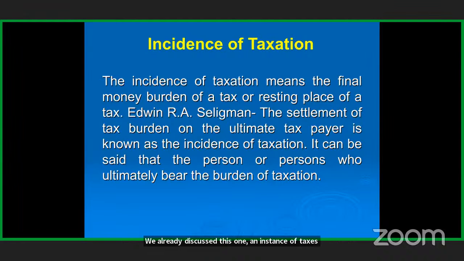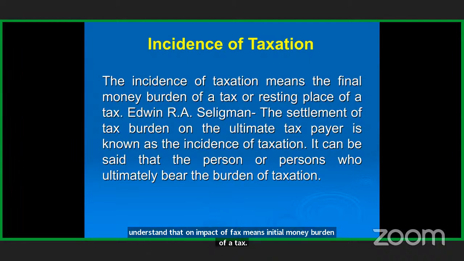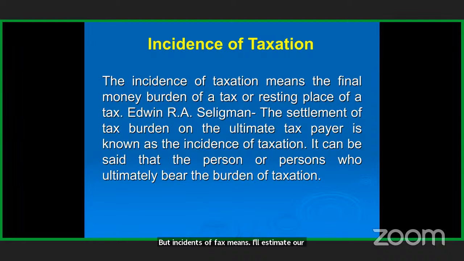Here, friends, impact of tax means initial money burden of a tax. Clearly understand that concept. Impact of tax means initial money burden of a tax. But incidence of tax means ultimate or final money burden of a tax.